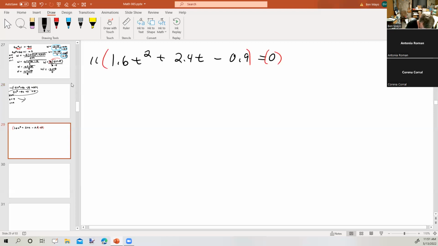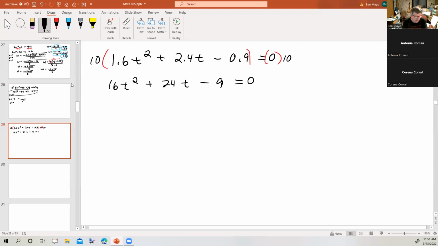So we multiply both sides by 10. We get 16t squared plus 24t minus 9 equals 0. And then A would be 16, B would be 24, and C would be negative 9. And we could go from there.